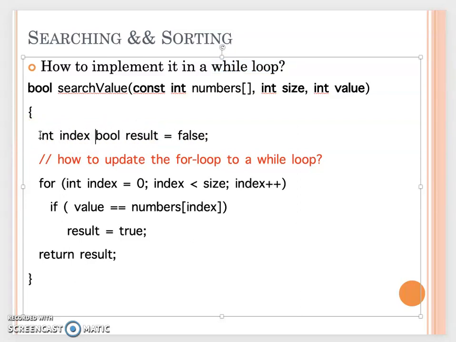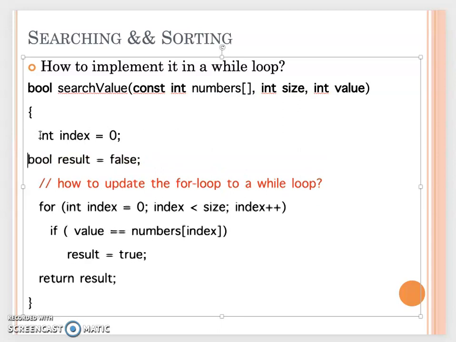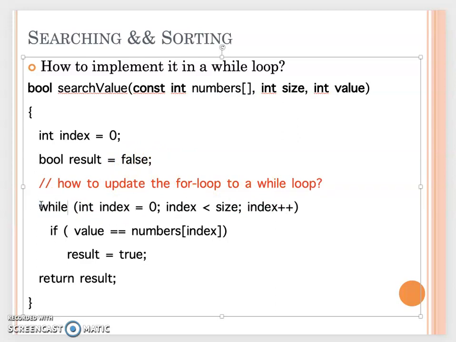So my integer index equal to 0. Then I still need my bool result, starting from false. So when we're using the while loop, our condition is while the index is less than the size, and it's not found yet, so the result is still equal to false.